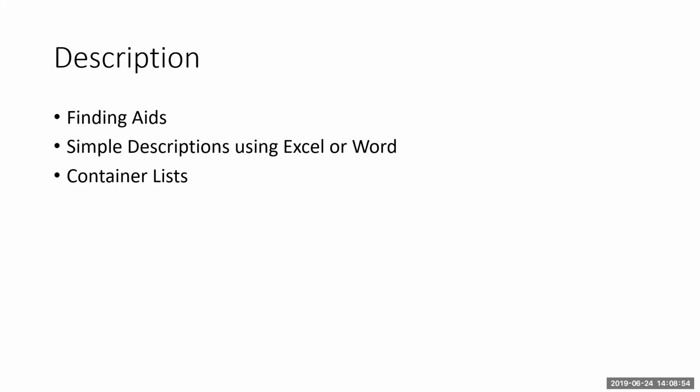Finding aids follow DACS, D-A-C-S, which is Describing Archives: A Content Standard. It is the standard for creating a finding aid, and you can actually find the PDF online. I'm going to give you some resources that are taken from the Society of American Archivists.